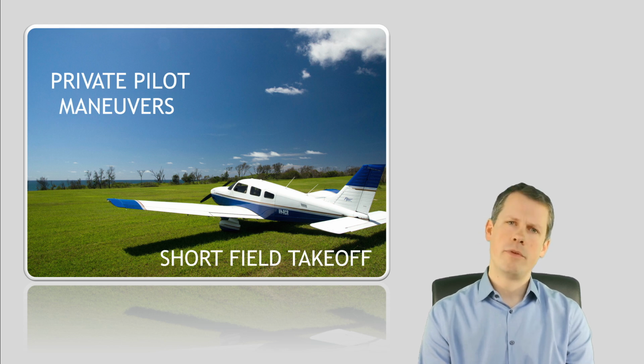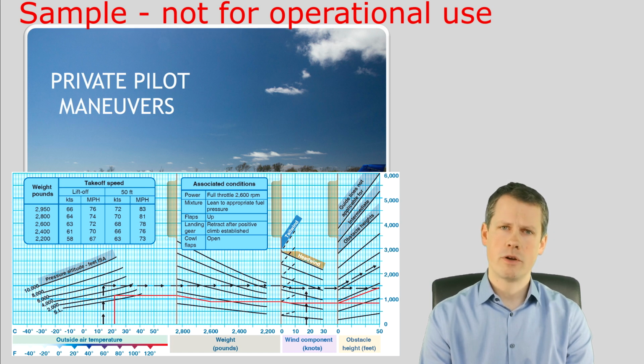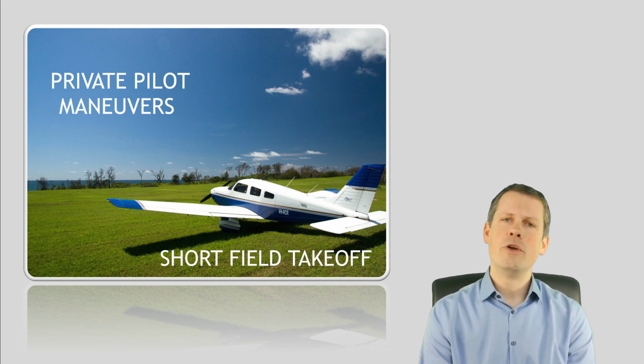So it's really important before a short field departure to check your performance in the pilot's operating handbook. That's the first step. And if that's okay, the second and equally important step is just before departure to check again if the conditions are still valid. So it's no use calculating your takeoff performance with a 5-knot headwind when then in fact later on you take off with a 3-knot tailwind, for example.